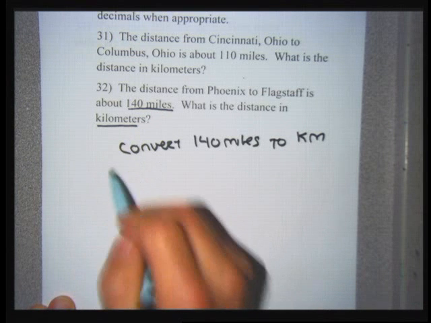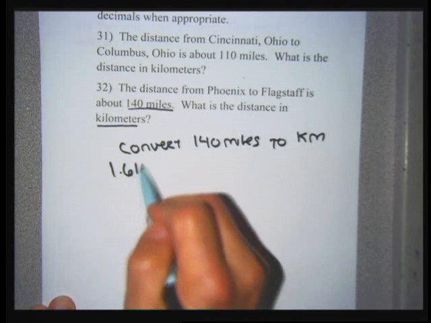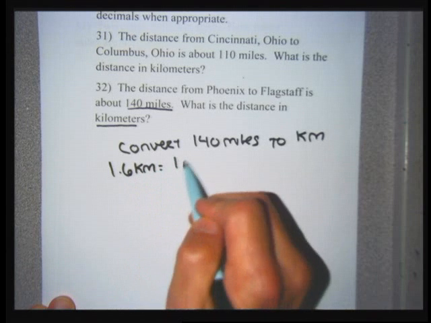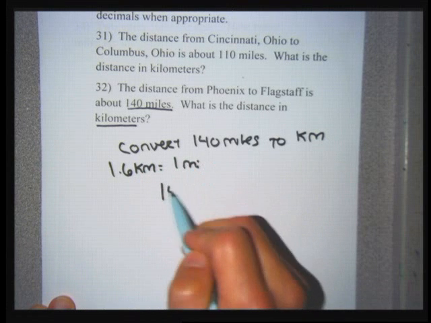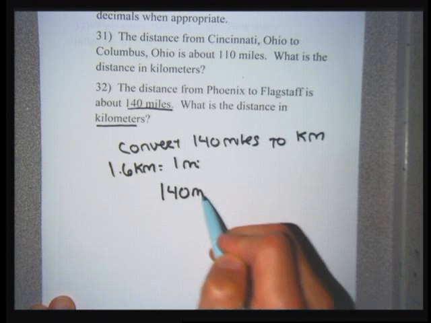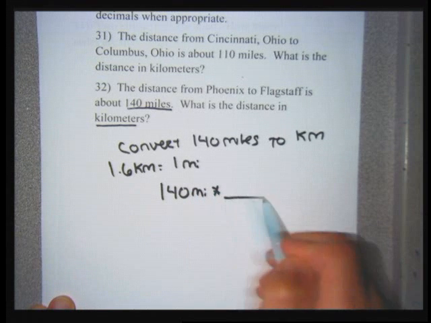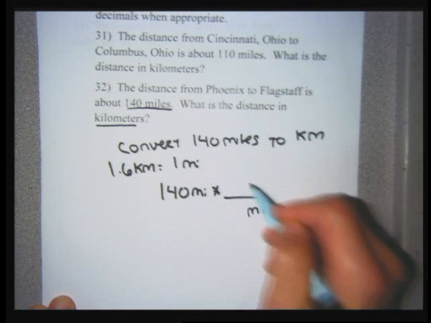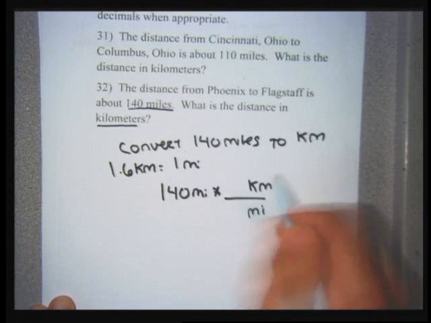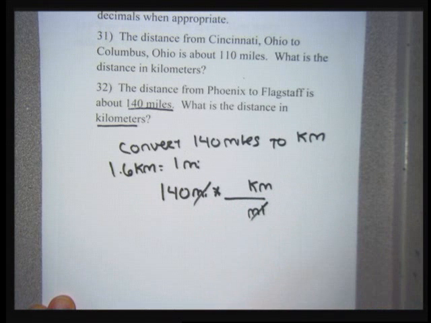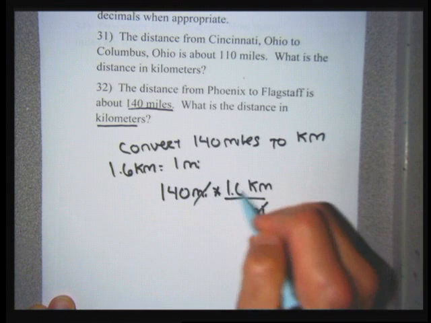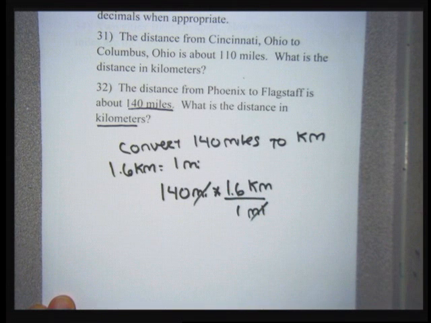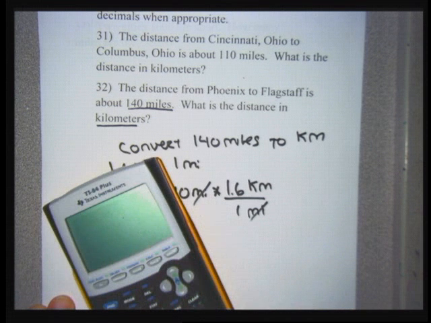I'm going to use the unit that 1.6 kilometers equals 1 mile, and now I'm going to take the 140 miles that we started with, I'm going to multiply by a fraction. In the denominator, it's the units I want to get rid of, which is miles. In the numerator, the units I want to end up with, which is kilometers. The miles will cancel. I put my numbers in, and now I just need to multiply the 140 times the 1.6.